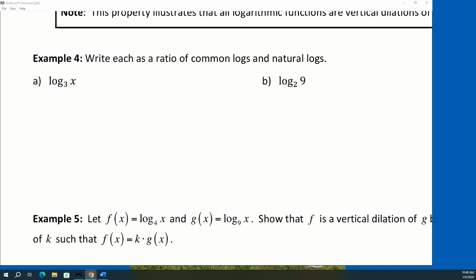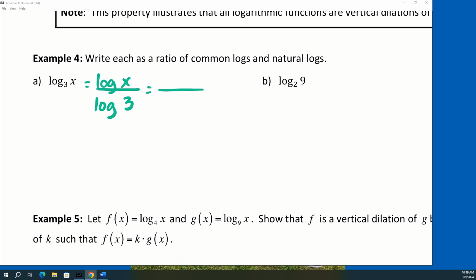So on example 4, we're going to do 2 of these. We're going to do a ratio of common logs and a ratio of natural logs. So common log is log without a base, log base 10. So in the numerator, it's log of the original argument over log of the original base.